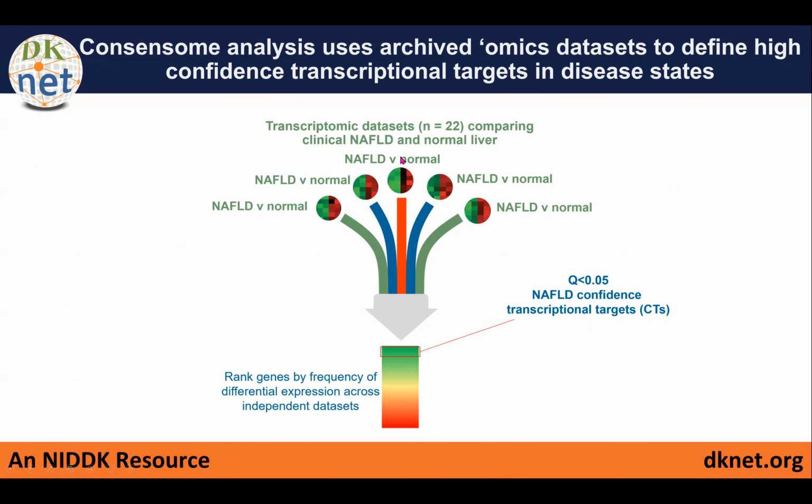And so in order to look at this in more detail, we again turned to consensome analysis, and what we did was we found a bunch of archived data sets that compared the expression between clinical NAFLD and normal liver.